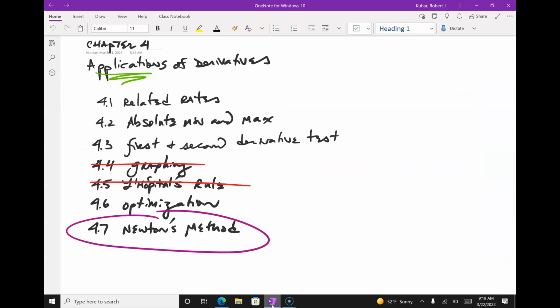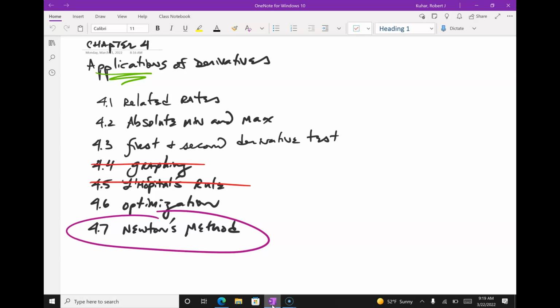Hey, so we're doing chapter 4, and we're talking about applications of derivatives, right? And so what do you hear when you hear the word applications? Yes, you're going to use derivatives, but what evil word do you hear when I say applications? One word.